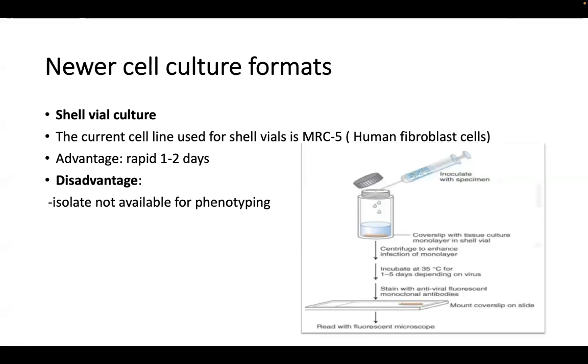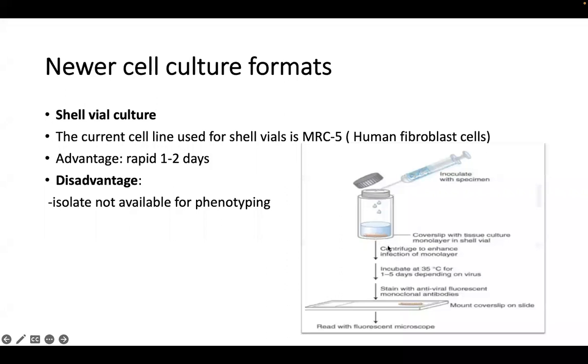And just to go through how this is technically done. So you take an inoculate from the specimen and put it inside the shell vial. The shell vial contains a monolayer of the cultured cells.